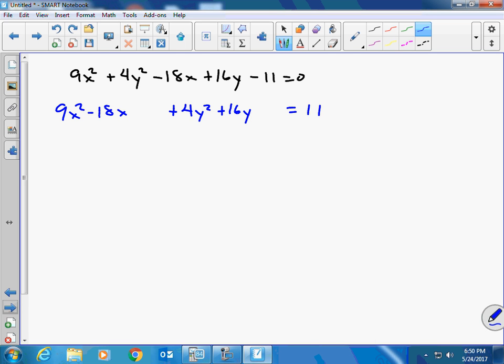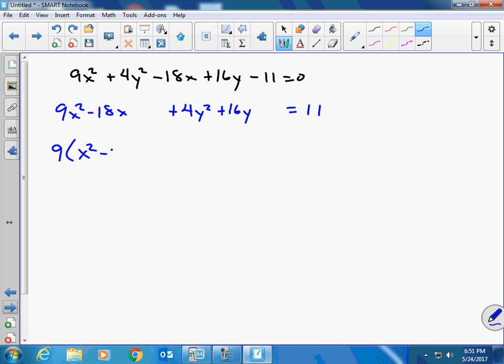First step, the coefficient of the squared term must be 1. I'm going to factor out whatever is in front of the x squared. And when I say factor it out, I mean divide it out of just those terms, so just out of the x terms or just out of the y terms.